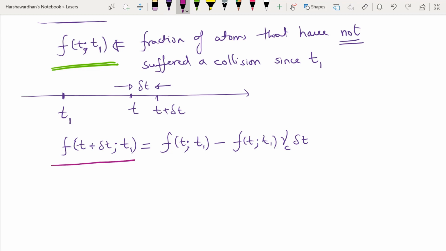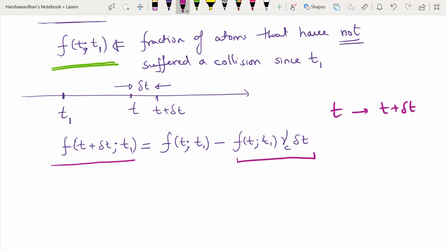The atoms which are remaining are the ones who survived until the time t, and you subtract the ones which suffered the collision in the time delta t. This is a fraction of atoms who suffered the collision within the time interval t to t plus delta t. These are the ones who suffered and hence are to be removed from this counting of the ones which have not suffered a collision.